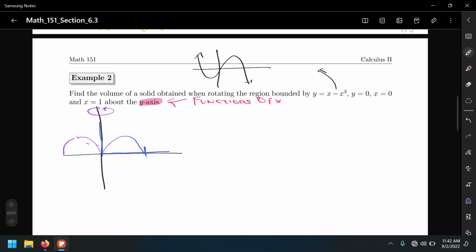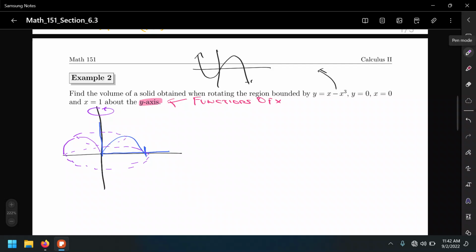Let's try and give it some effect of a solid. It's kind of hard to make it look 3D, but essentially it's being rotated about the y-axis. We're getting this solid here. Well, again, this solid has a radius.